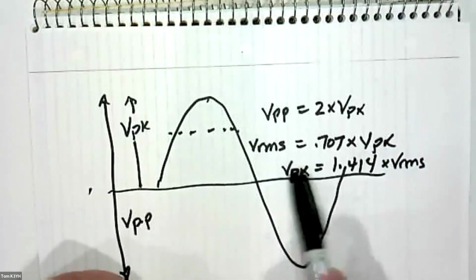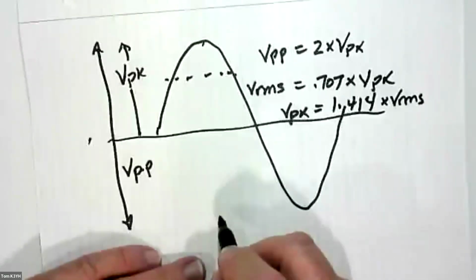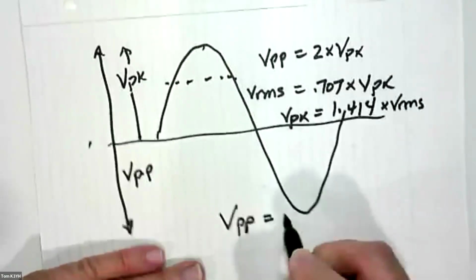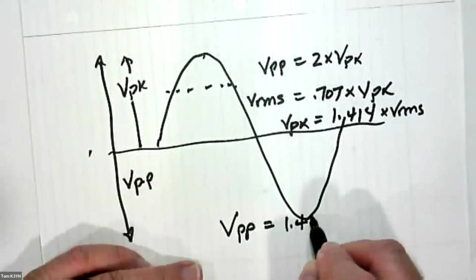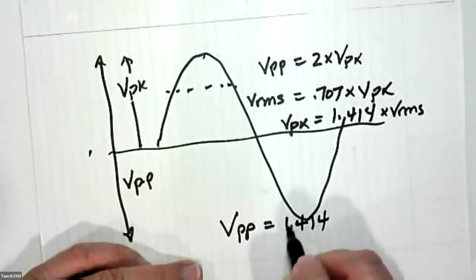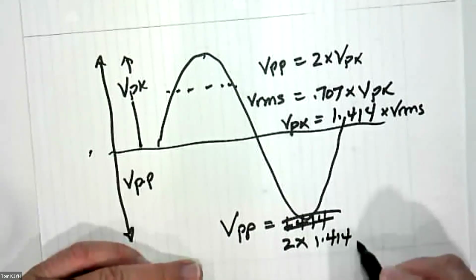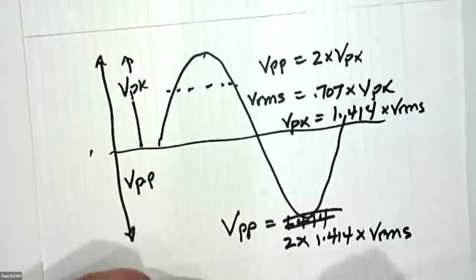And then to get V peak to peak, you would have to multiply that times 2. So that's actually what they want us to do: V peak to peak is equal to 2 times 1.414 times the RMS.